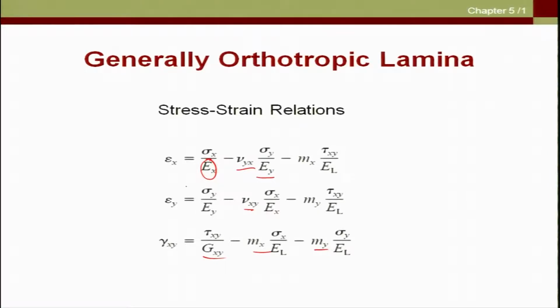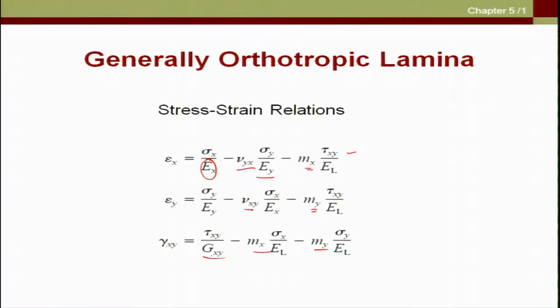stress, the coupling between shear stress, which is tau xy, and the extensional strain is through mx, and the role of mx and my becomes 0 for theta equals 0 and 90 degrees.